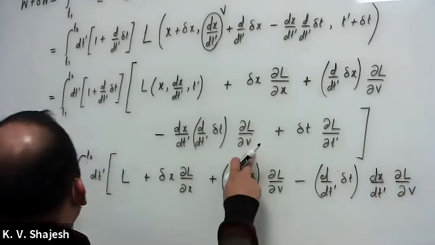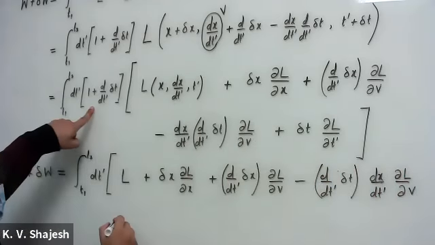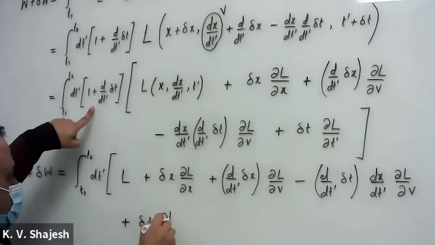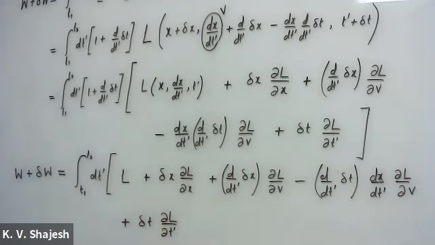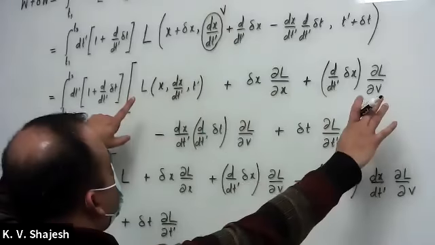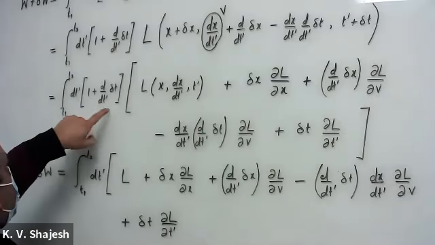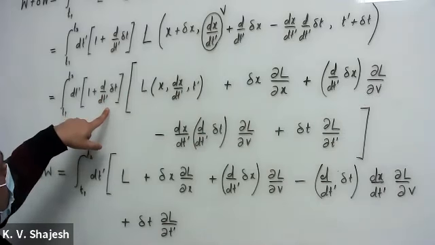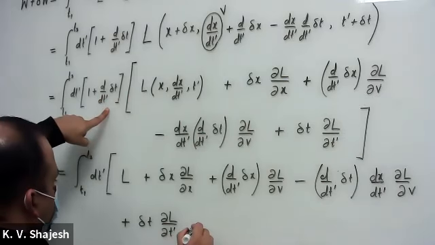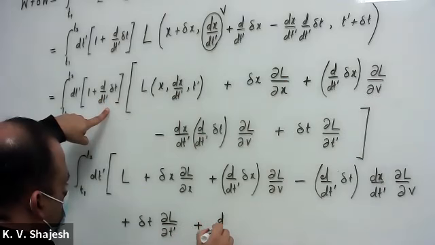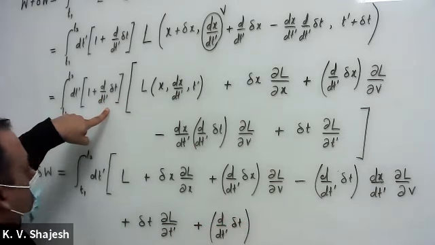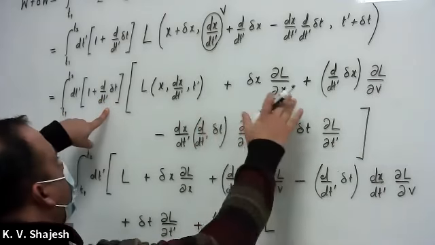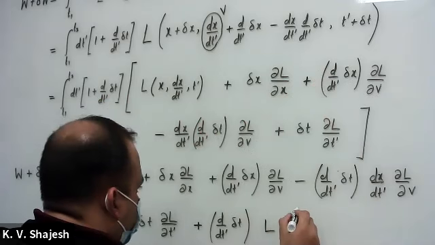So I reached here, that's 1 multiplying this, and finally I have also plus 1 multiplying delta t times partial derivative of L with t prime. And finally, so that's all 1 multiplying the rest of the brackets, but when it comes to the second term in the first square bracket multiplying out, there is only 1 contribution. And that's multiplying with L, because the rest everything is higher orders.